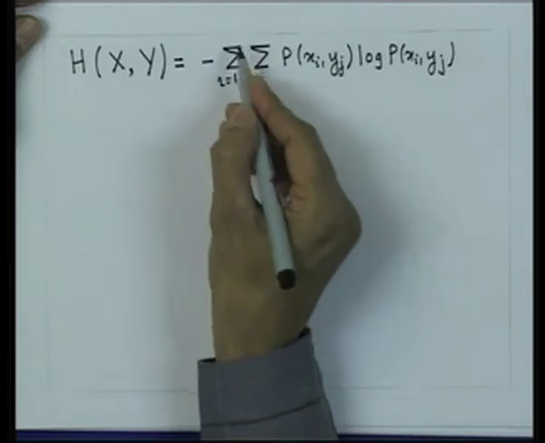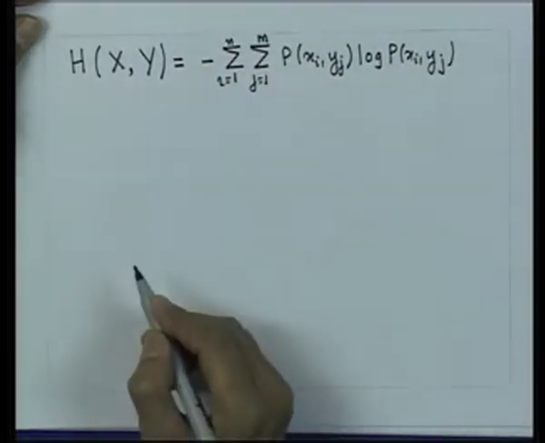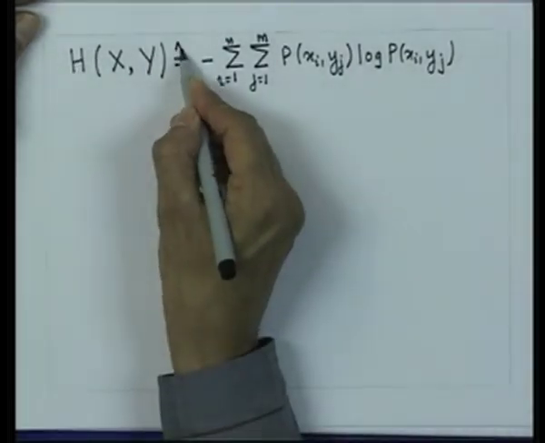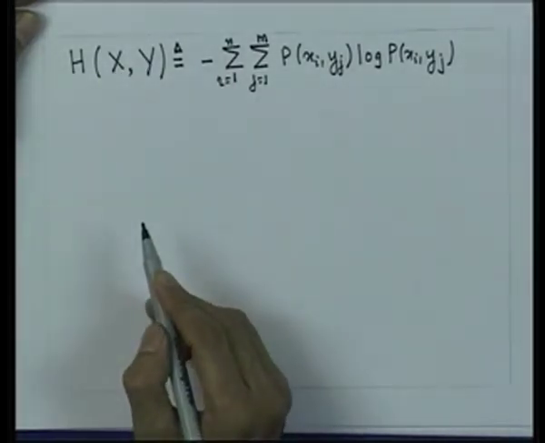This is the information measure which I will define for my experiment consisting of two events.